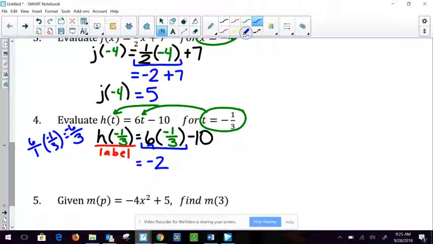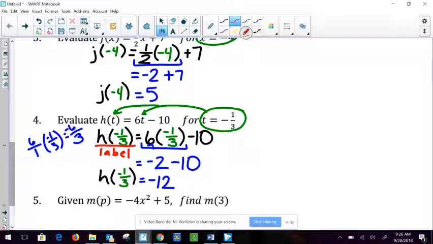Another way to think of it, what is 1/3 of 6? 1/3 of 6 is 2, but there's a positive and a negative, so one of them has to be negative, the answer. So I have -2, I still have that minus 10. If I'm down 2 in a game and now the other team just scored 10 more against me, I'm now at a -12. So the h function evaluated at -1/3 is equal to -12.